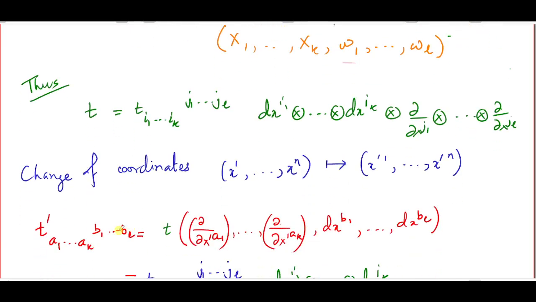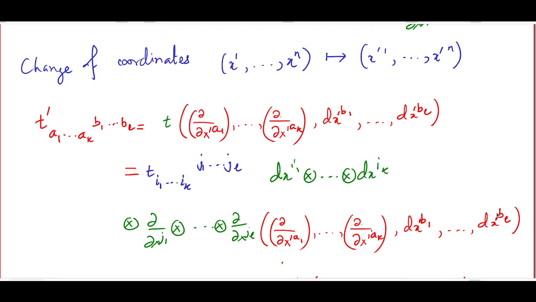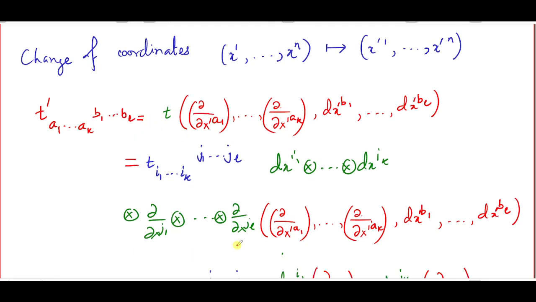This t prime a1 ak up to b1 bl, these are the components in the new coordinate frame, is simply the tensor t acting on del del x prime a1 all the way up to del del x prime ak, then dx prime b1 all the way up to dx prime bl. And that is nothing but this expression, which is the tensor t as we have just seen, but written in terms of the old or unprimed coordinate system, getting to act upon this series of arguments.